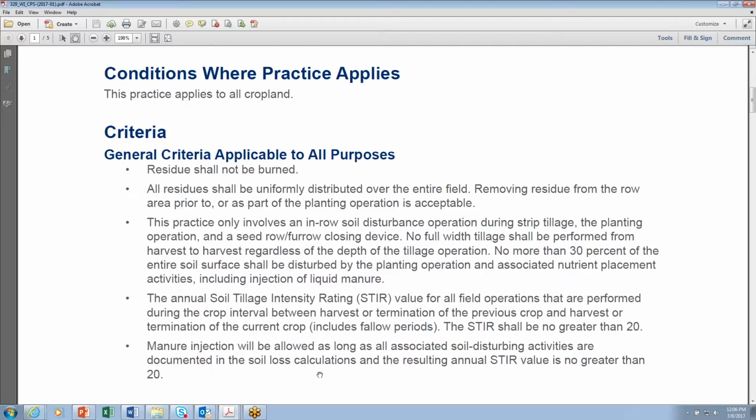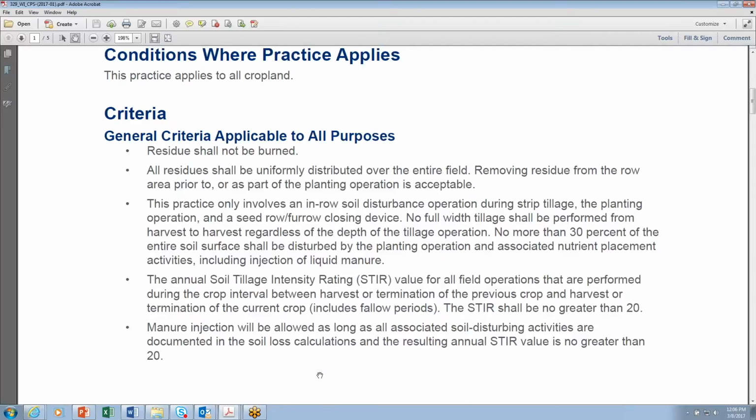So we need to pay close attention to exactly what they're doing, exactly what equipment they're using, so that we know indeed that that STIR value, that RUSLE2 or SNAP-Plus, which is RUSLE2, spits out at us, is truly 20 or below. Because if it's over that, we're not dealing with no-till, we are then dealing with residue management practice standards.